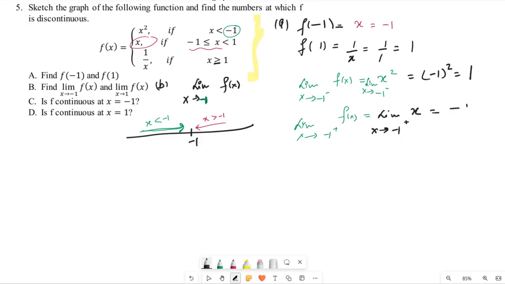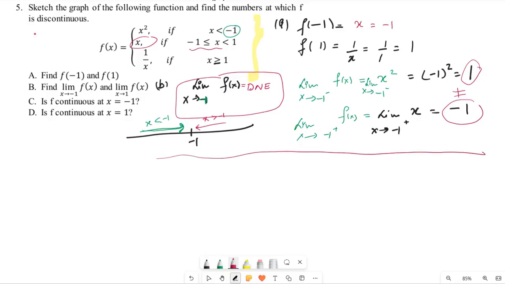When I plug in, this is -1. And you notice the left limit and the right limit are not equal to each other. So for this question of the function's limit at -1, you're going to answer does not exist, because for the limit to exist, left and right limits both have to be the same.